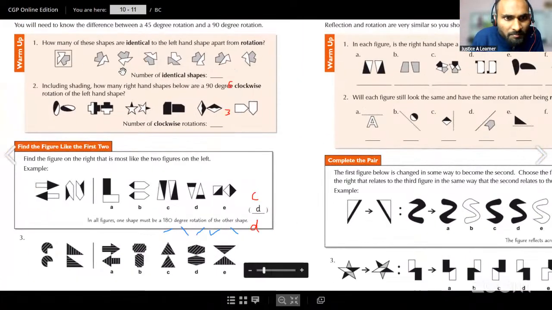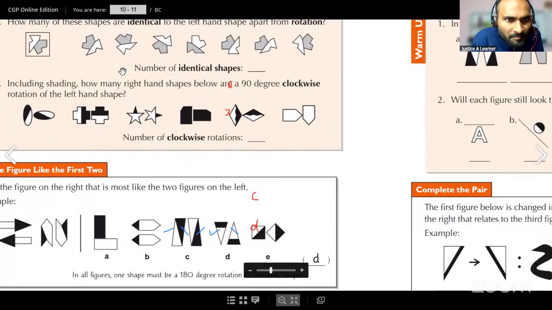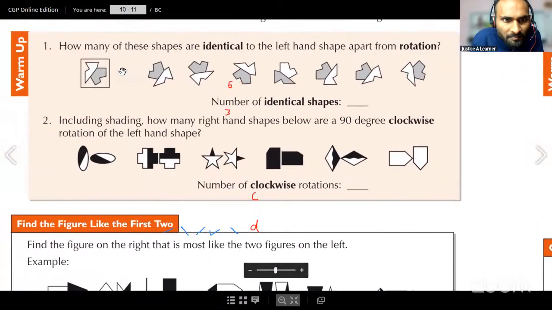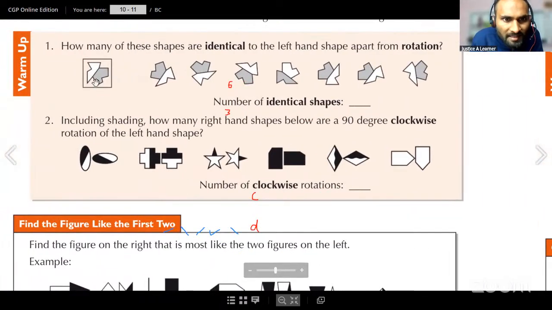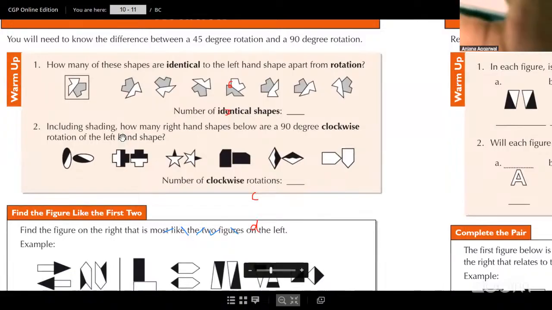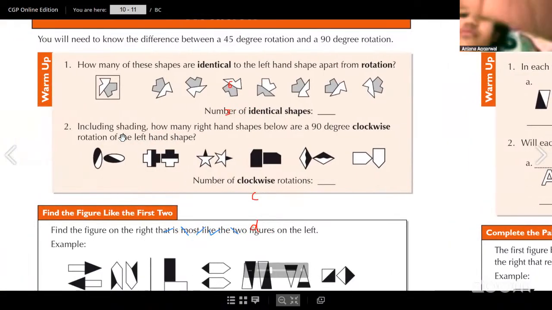Is this the same as this? I can't see that shape. No, it's not the same. It's moved 90 degrees.